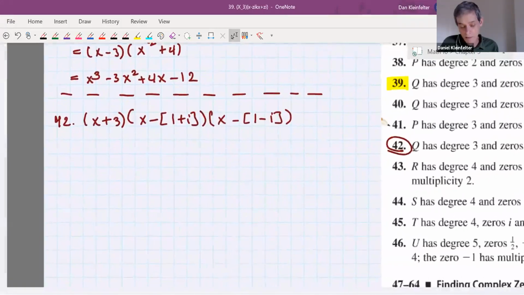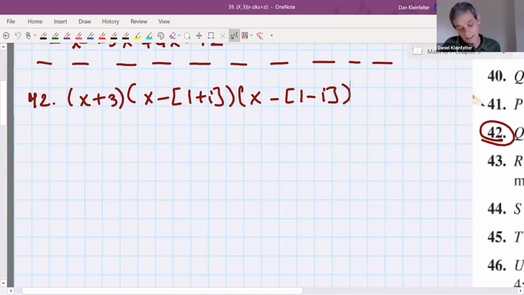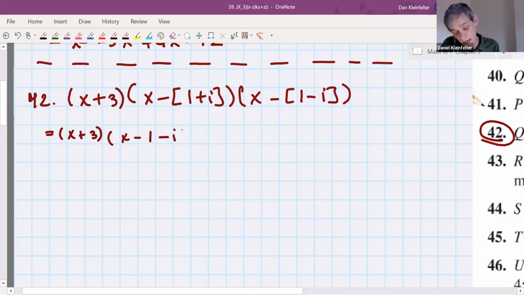We'd have to do a little manipulating to get this into a finished-product looking form. So I'm going to multiply out the complex part first. It turns out to be a little bit easier if we rearrange things a little. In this first step I'm going to distribute the negatives you're seeing here and here. So we'll have x minus 1 minus i, then x minus 1 plus i.